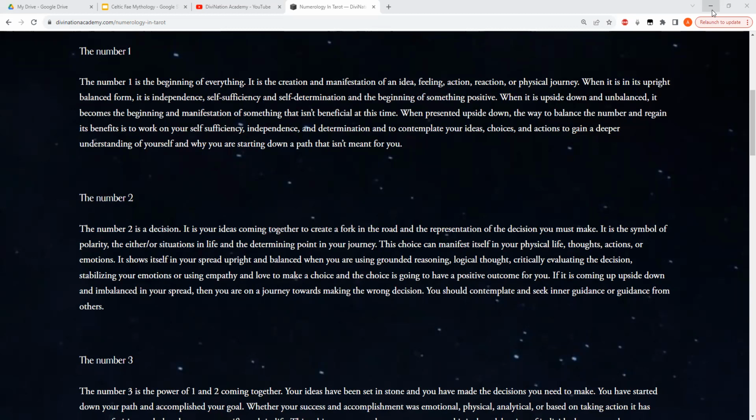And a lot of times in divination work, you can really see whether the number is balanced or imbalanced by looking at whether or not the number is right side up or upside down. But in dice reading, instead, you are going to take the number in its entirety, including its unbalanced properties and its balanced properties.